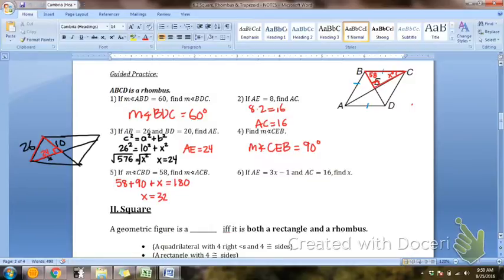They asked me to find the measure of angle ACB. All right, so I need to make sure in my answer I say the measure of angle ACB equals 32. Okay. Questions on that one? You have to remember that that middle angle is 90 degrees every time.